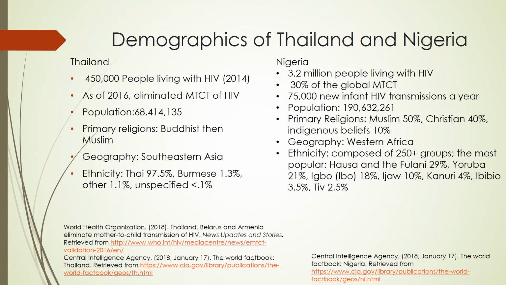There are 75,000 new infant HIV transmissions a year. Its total population is 190,632,261 people. The primary religions practiced are Muslim, Christian, and indigenous beliefs. The geography is that it's located in Western Africa. Its ethnicity is composed of over 250 different groups. The most popular in numbers are listed below.